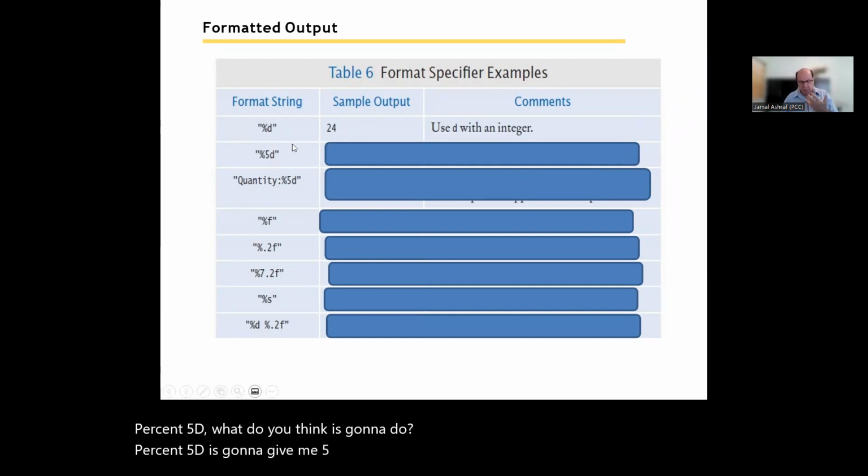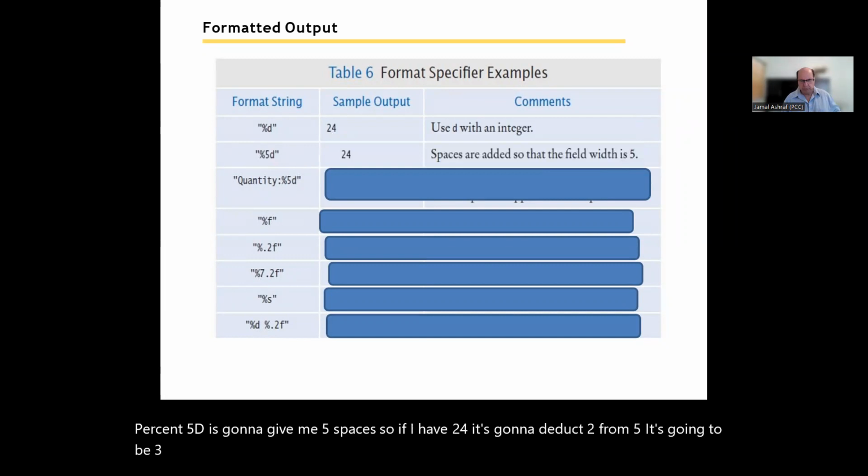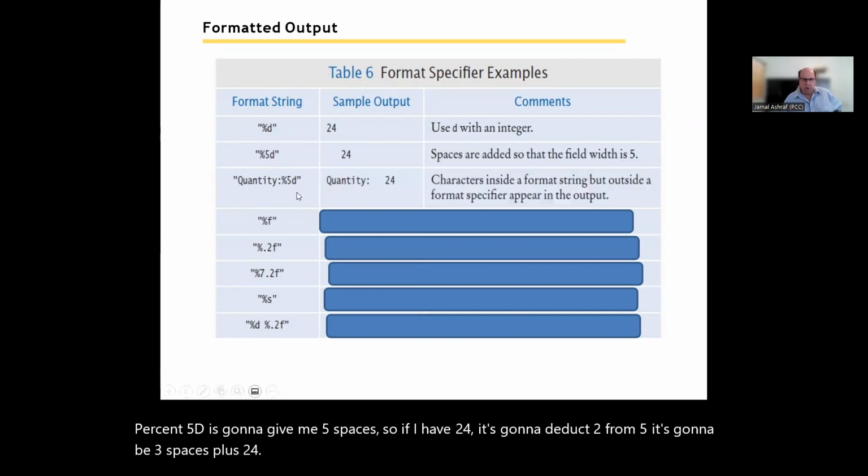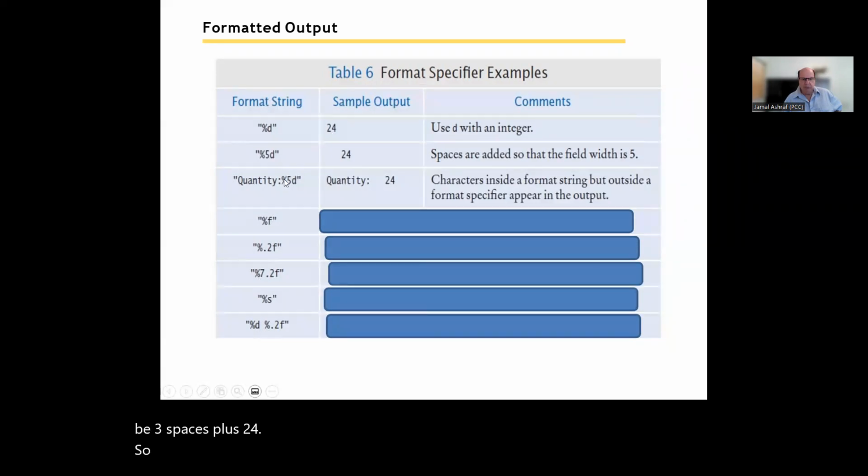So if I have 24, it's going to deduct 2 from 5. It's going to be 3 spaces plus 24. So I have quantity %5d. So it's going to give me a total of 5 spaces for my integer.